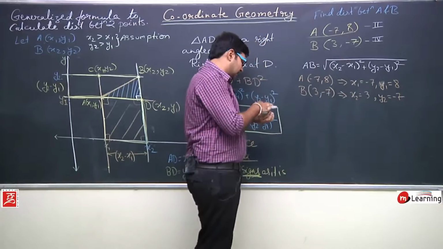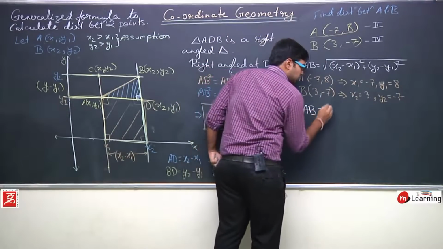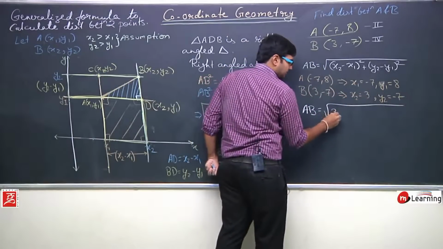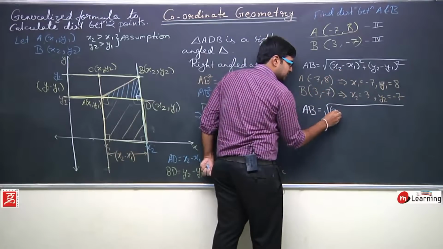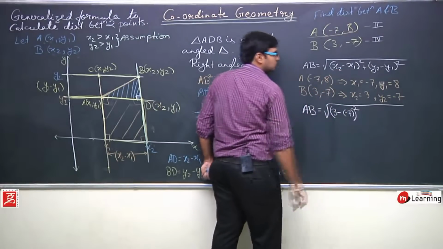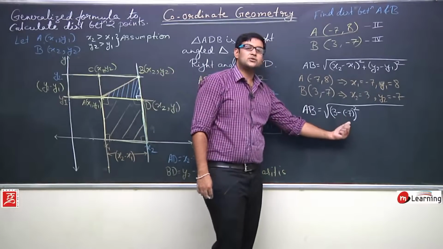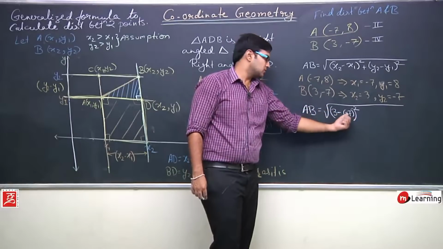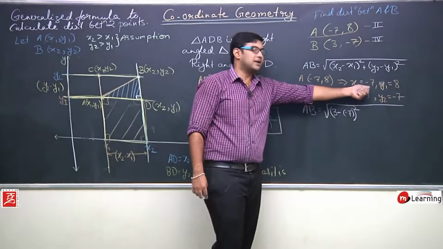So what I am going to write is that AB is equal to root of x2. What is x2? x2 is 3, and minus x1. So minus x1 is minus (-7) whole square. Try to observe what I am going to write. First observe this, 3 minus of x1, and x1 is what? x1 is -7.